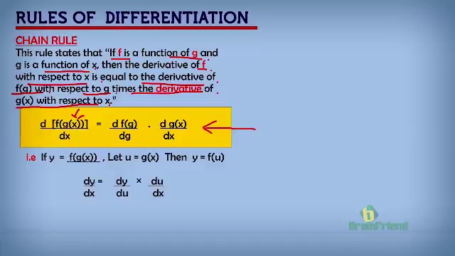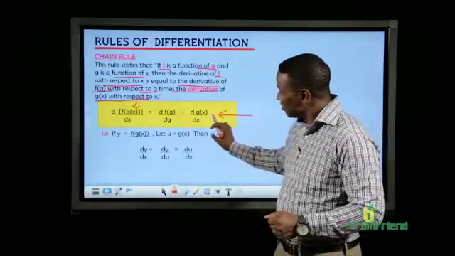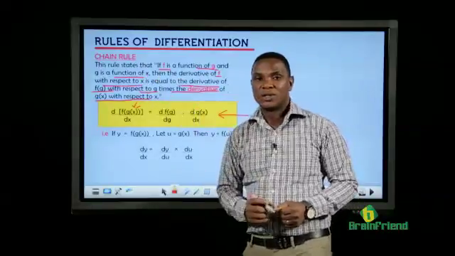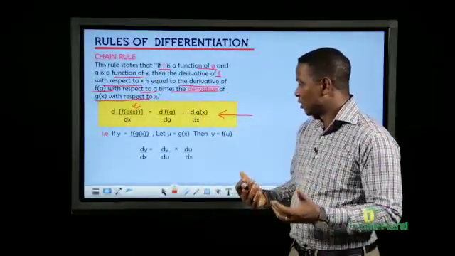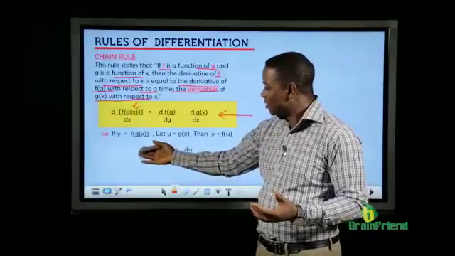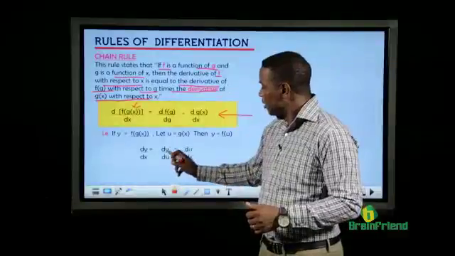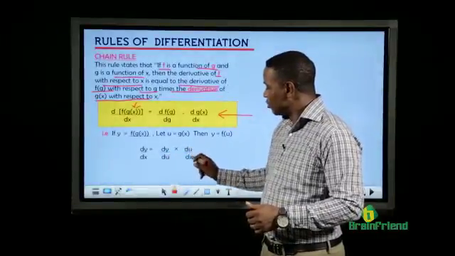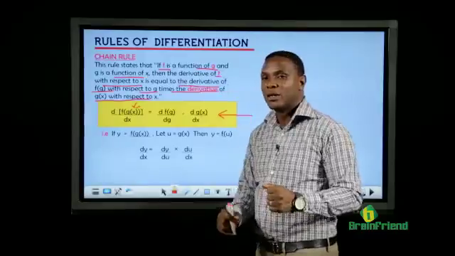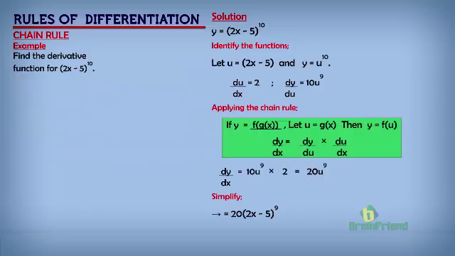In simpler terms, if y is a function of an inner function, we let u be the inner function itself, then y would be the function of u. This is to simplify such cases so that we don't get confused. And in solving this, we would have our dy dx, which is easier for us to understand, being dy du times du dx.